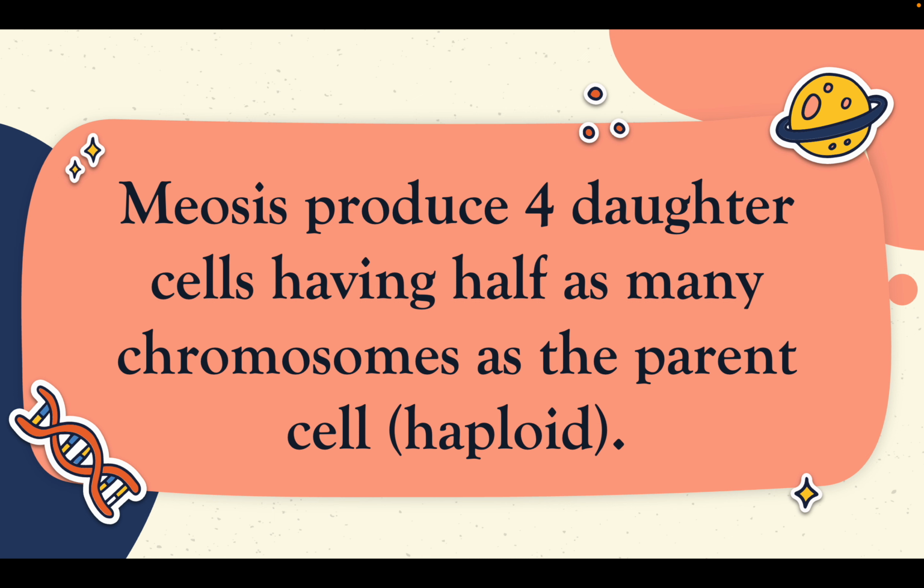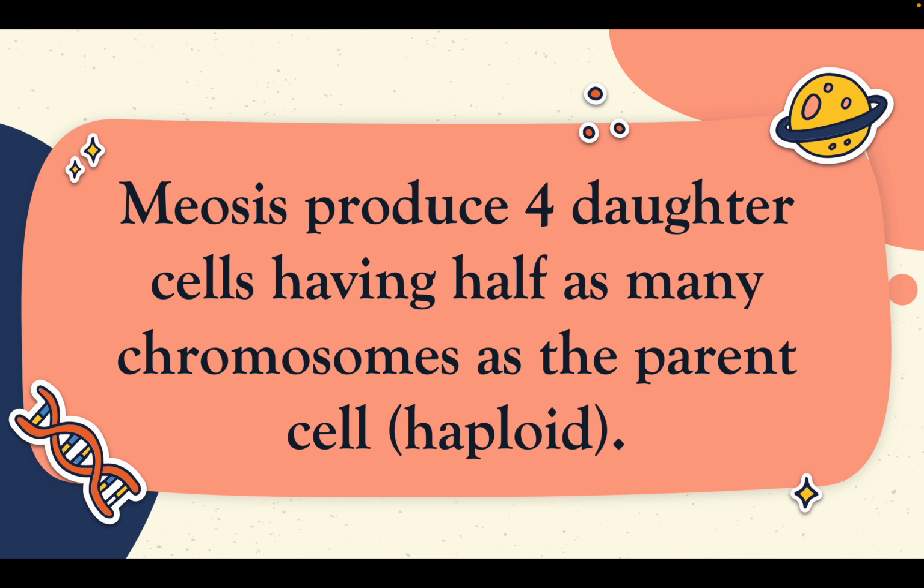So, 23. Each of the sperm cells and the egg cells only has 23 chromosomes. Why? Because when you combine a sperm cell with 23 chromosomes and an egg cell with 23 chromosomes in fertilization, 23 plus 23 equals 46.